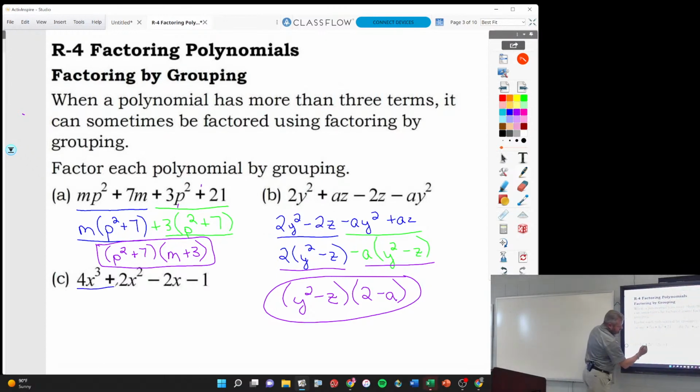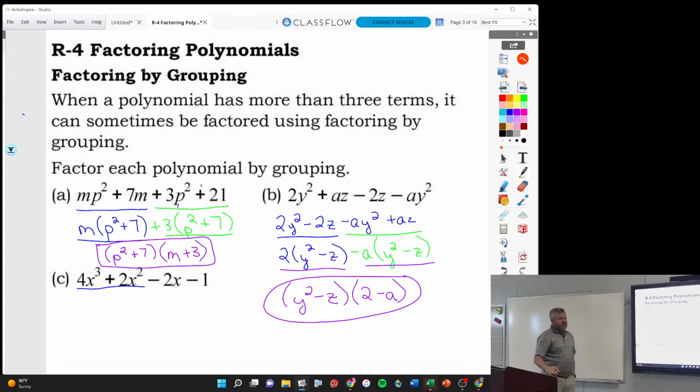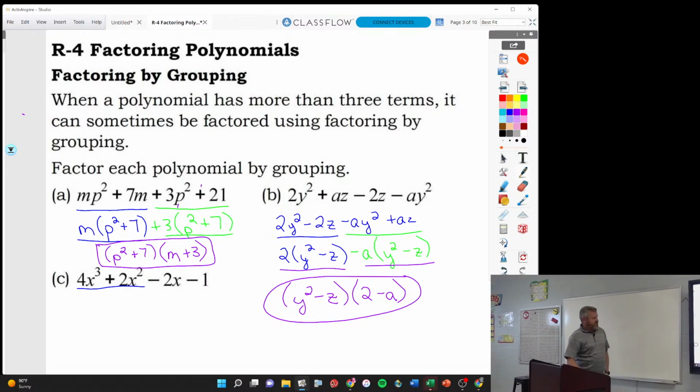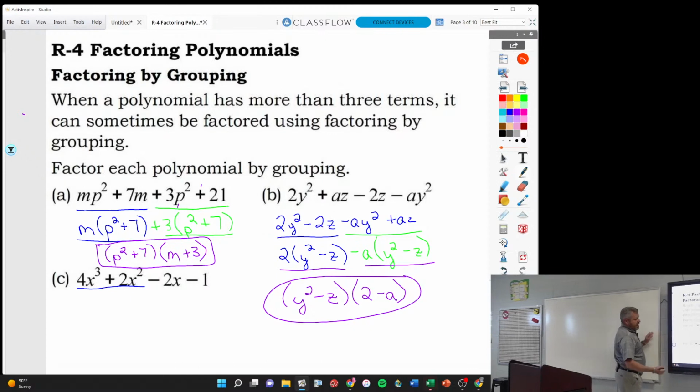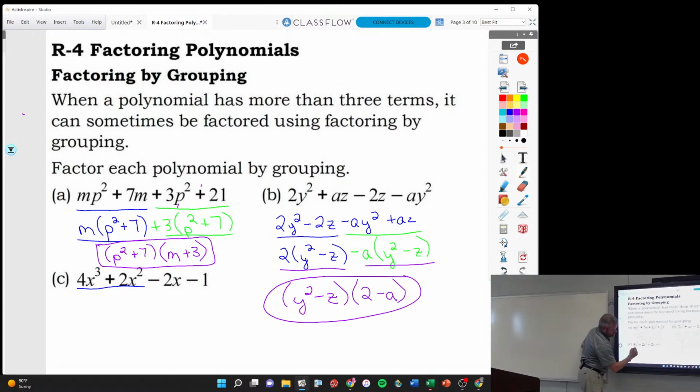We look at the first two terms, 4x cubed plus 2x squared. I can factor a 2 out of that. 2 goes into 4 and 2 goes into 2. They both have x's in them, so I can take out an x. The smallest exponent is a 2, so I'm actually going to end up factoring out a 2x squared. Factoring out a 2x squared, 4x cubed divided by 2x squared.